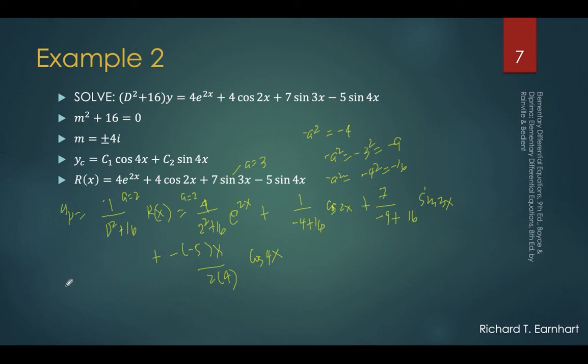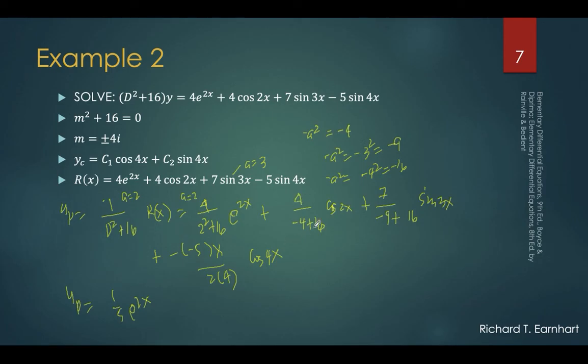Okay, so therefore your y sub p is equal to, what is your 4 over 4, so that will be 1 over 5 e to the 2x. Okay, and then here you have 1 over, you have 4 here.